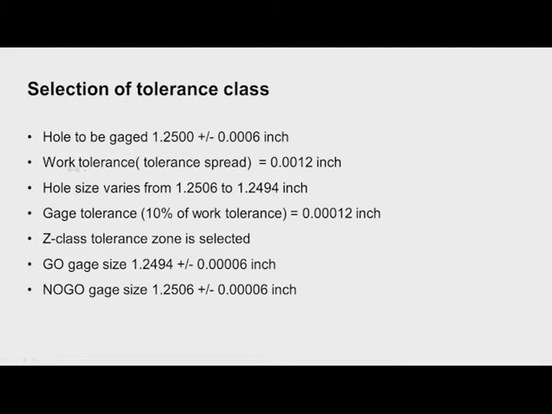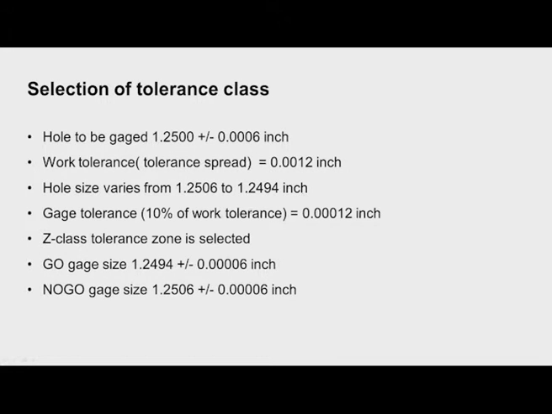So the work tolerance, or the tolerance spread, will be double this value, that is 0.0012 inch, and the hole size varies from a maximum size of 1.2506 inch to a minimum size of 1.25 minus 0.0006 inch, that is 1.2494 inch.